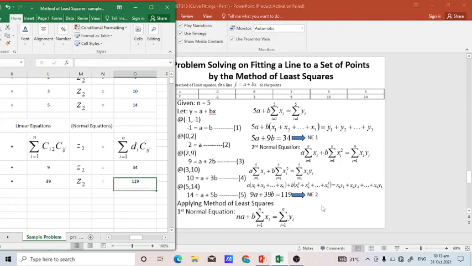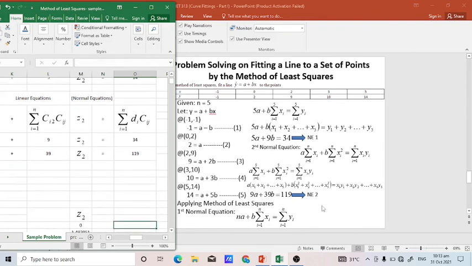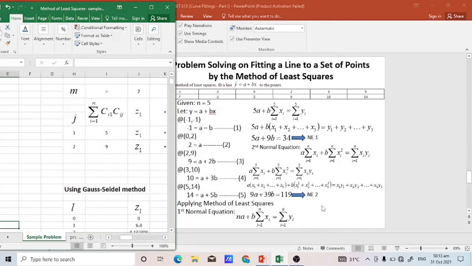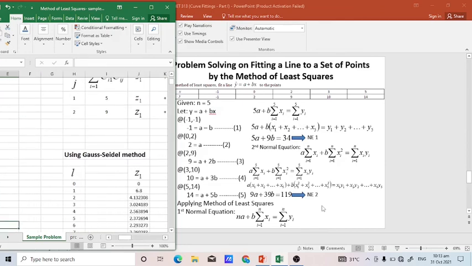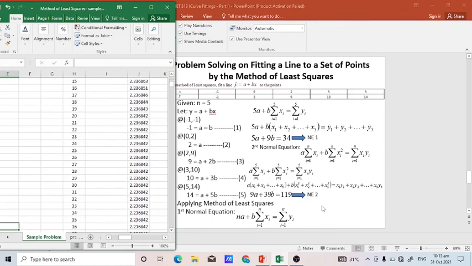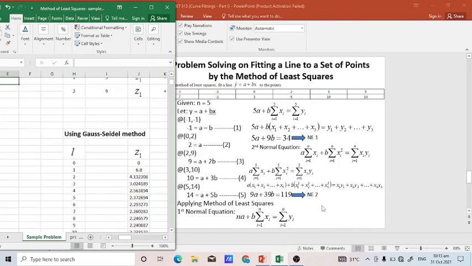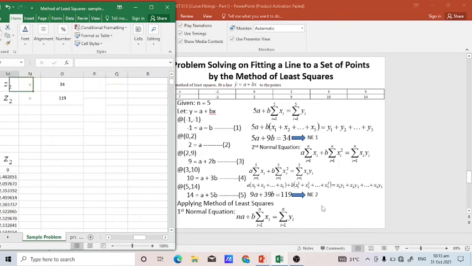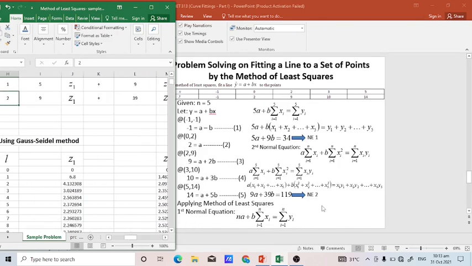Okay? Ayan. Tapos, meron ka ng dalawang normal equation. Pwede kayong gumamit ng Gauss Seidel para makuha yung sagot. No? Ito, ibang version ng Gauss Seidel.